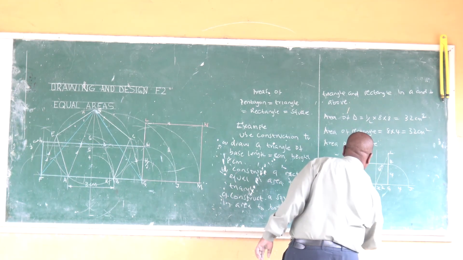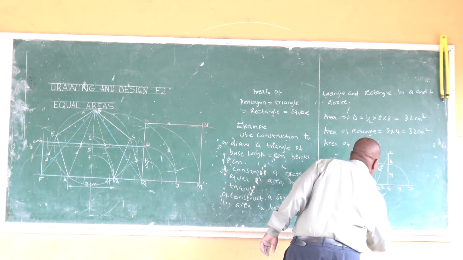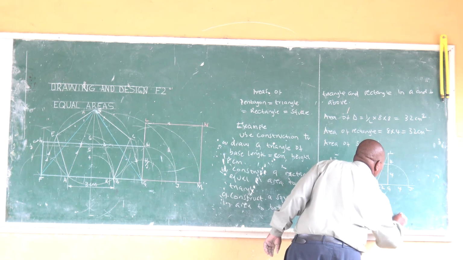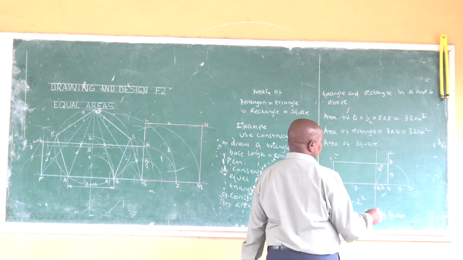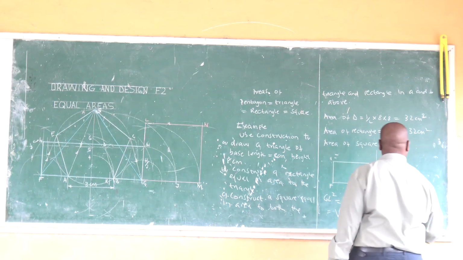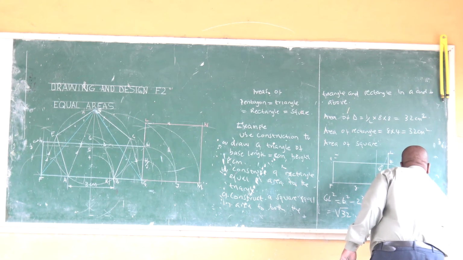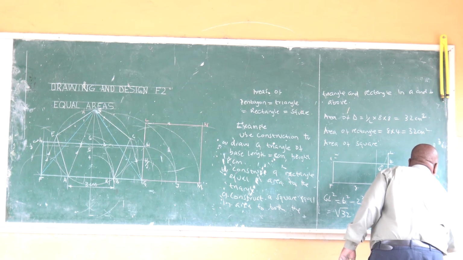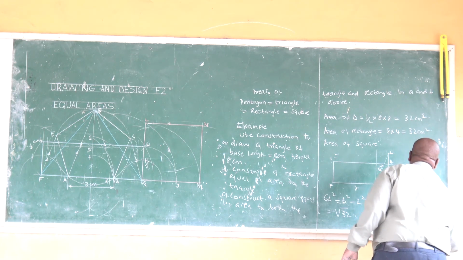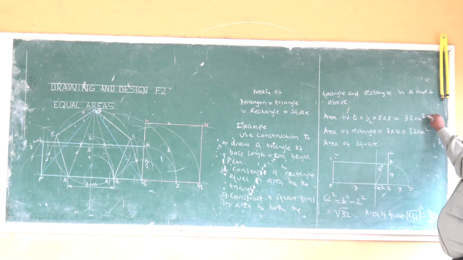Therefore, area of the square is equal to side squared. Therefore, it's the square root of root 32 squared, which is equal to 32 centimeters squared. And as you can see, it's equal to the area of the triangle, equal to the area of the rectangle, and equal to the area of the square.